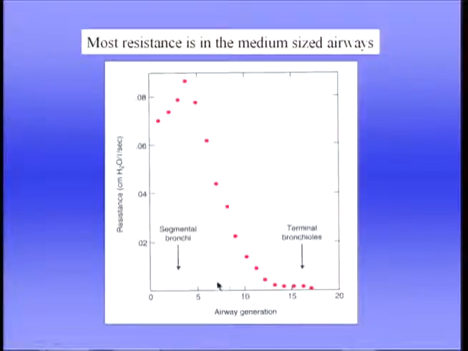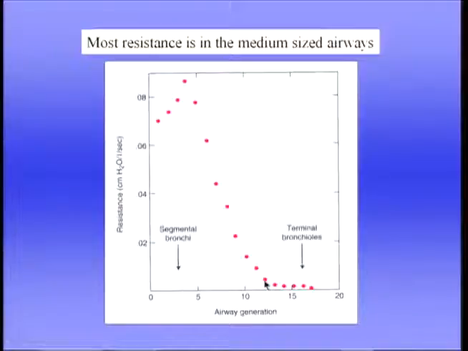And you can see, as you might not expect, and certainly it was a bit of a surprise when this was shown experimentally, most of the resistance is in the medium-sized airways. And actually the very small airways down here contribute a very small amount of the resistance. Remember I said there were more than 50,000 terminal bronchioles, and this region contributes very little resistance.